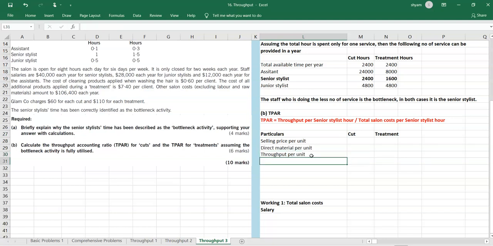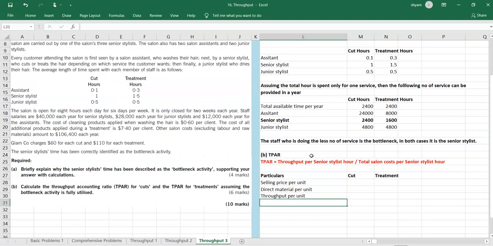Once that is done, we can find out the senior stylist time per unit. So finally you will get this number, throughput per senior stylist hour.